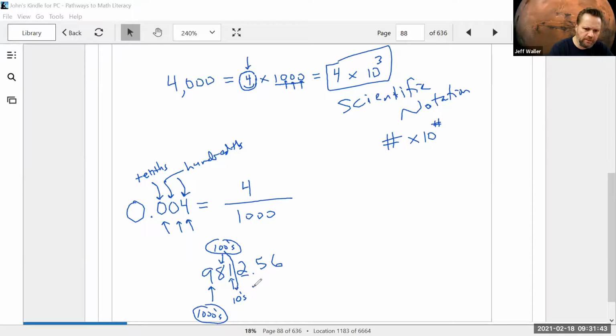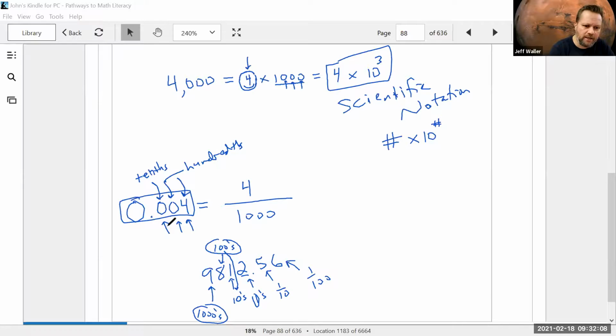What about the 2? It's in the ones place, right? Again, I divided by 10. So it shouldn't be surprising what place the 5 is in. I take the last place and divide by 10, so it's in the tenths place. So the 6 will be in the hundredths place. That's it. So how do I know how to write a decimal as a fraction?